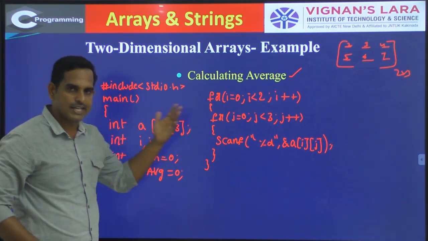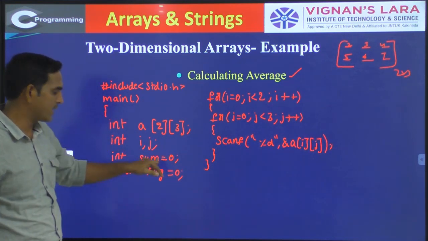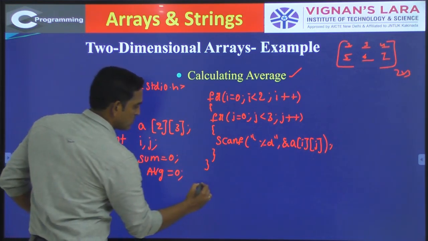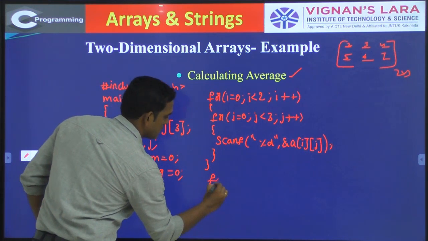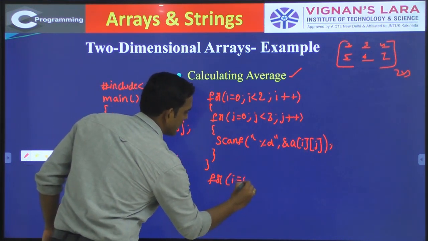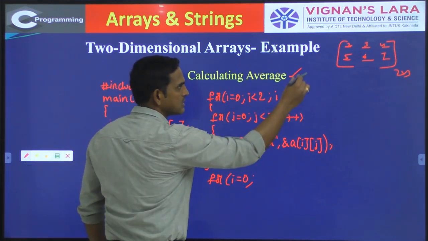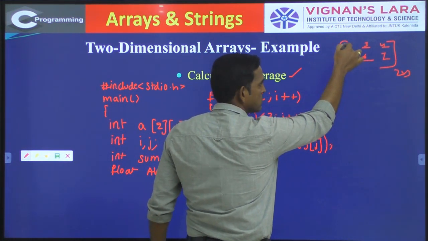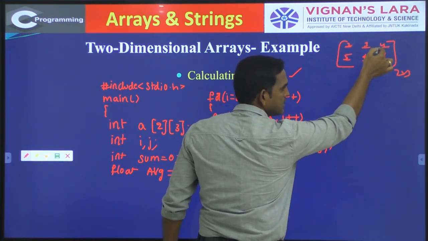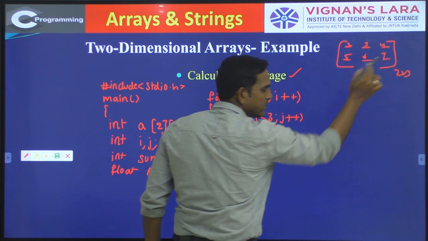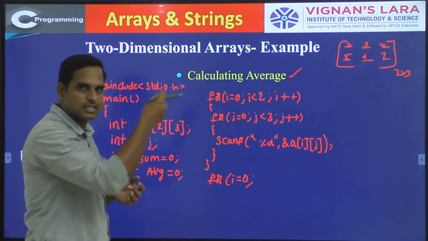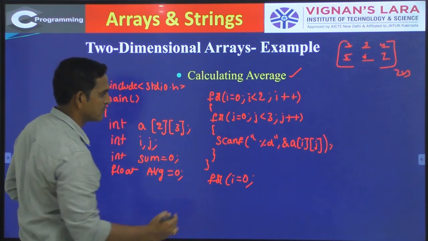Once after taking the values, I have to take the sum. To sum, the same thing: I have to read each and every element, that is, the 0,0 element, 0,1 element, 0,2 element. I have to read the elements row by row and take the sum of all those elements one by one.